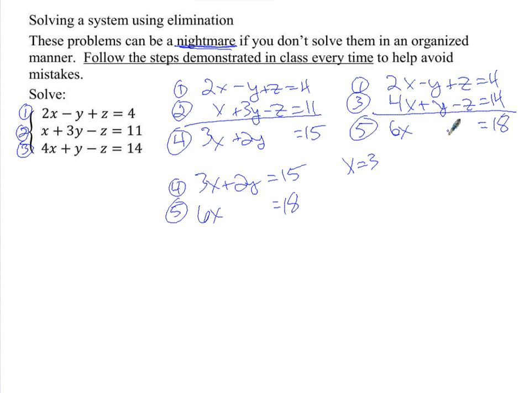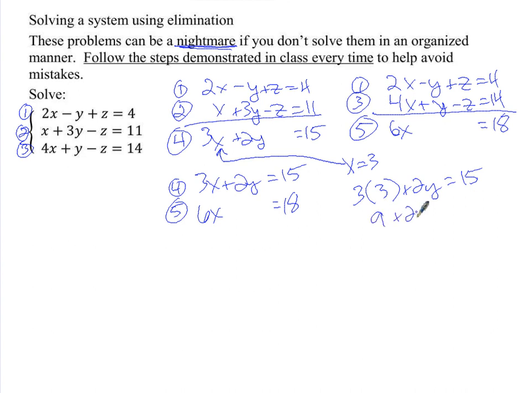I can't substitute into 5 though because I don't have a y here, so I'm kind of stuck back substituting that into equation 4. Once I do that, I have 3 times 3 plus 2y equals 15. I have to go back to equation 4 or 5 because if I go back to anything else, I'll have more than just one variable remaining and that won't work.